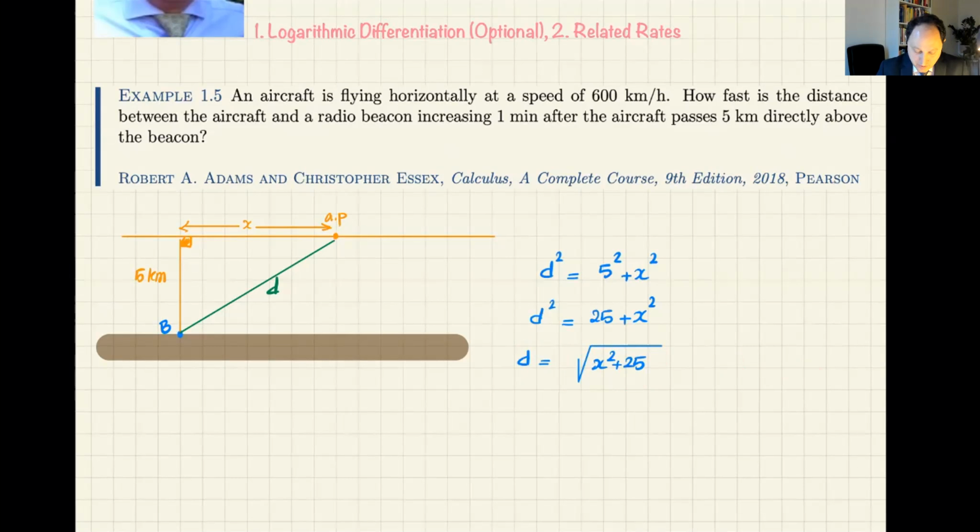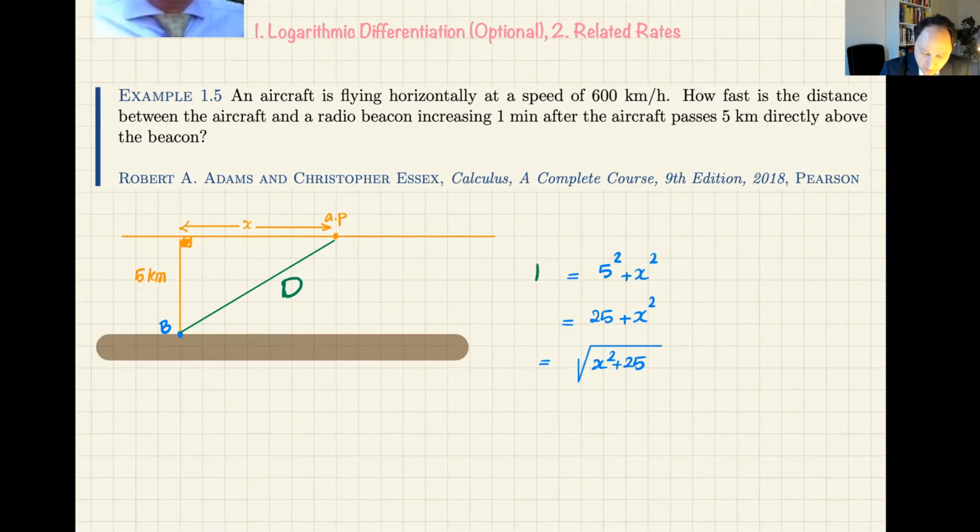Now I understand this is not a good notation because this D will be confused with the D for the Leibniz notation. So let me make this capital D. So this becomes D squared.